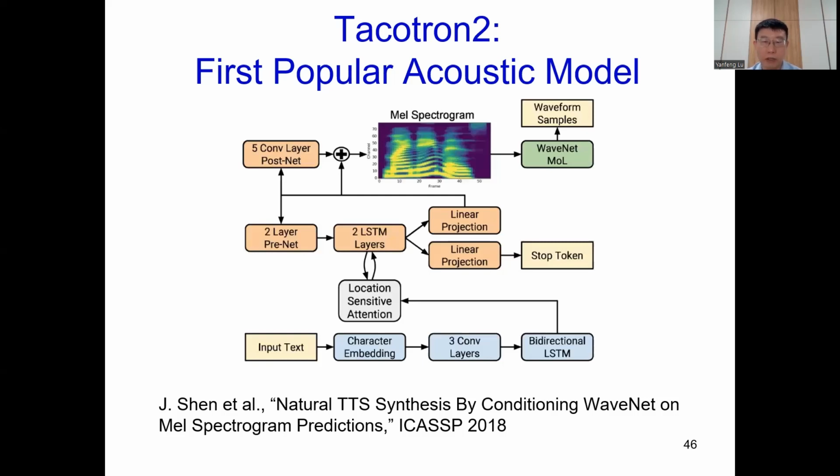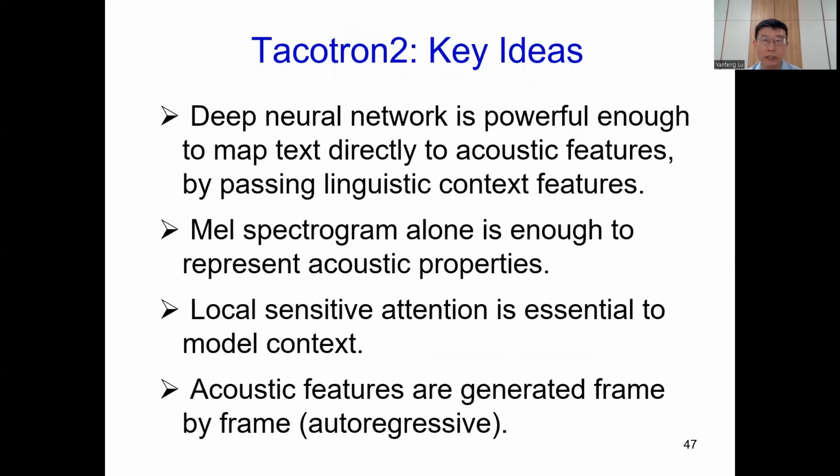Let's see some core ideas in this new acoustic model. Again, this model is based on a deep neural network. We can see in this new way of acoustic modeling, it maps text directly into acoustic features.